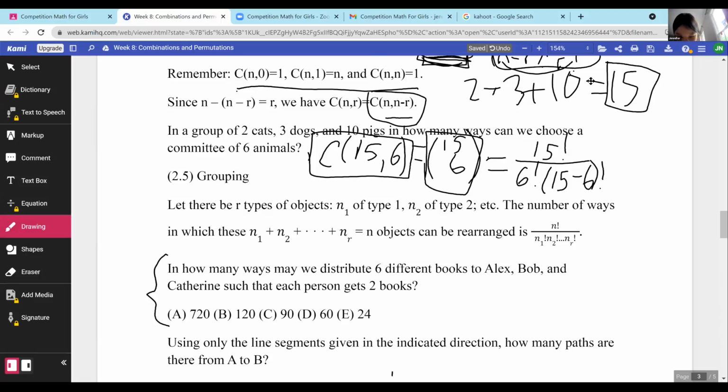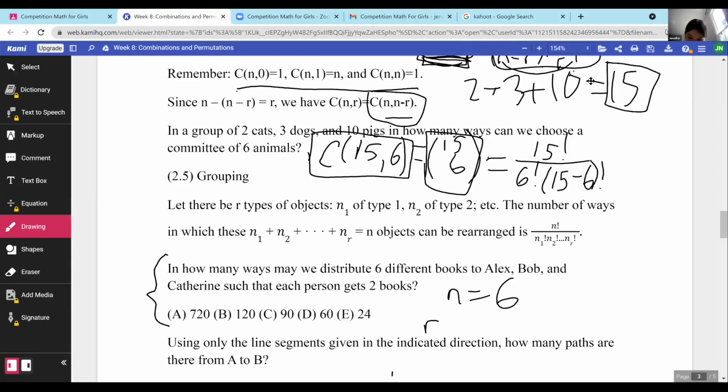How many ways may we distribute 6 different books to Alex, Bob, and Catherine, such that each person gets 2 books? Oh, so in this case, R is 2 and N is 6. Exactly.